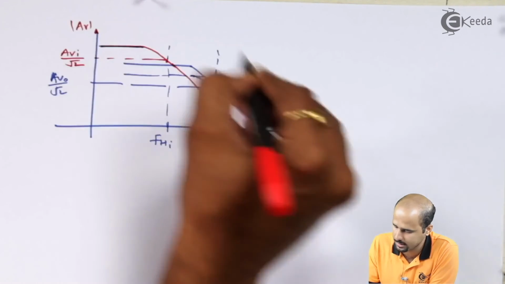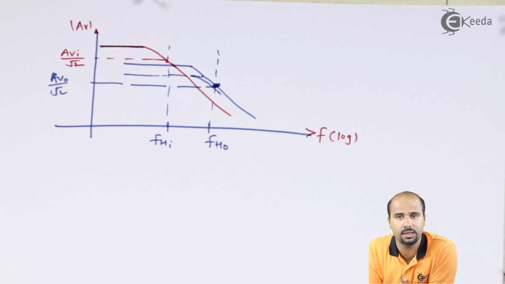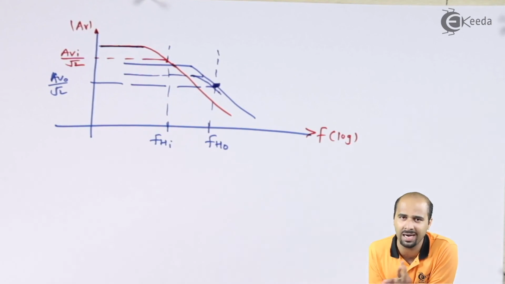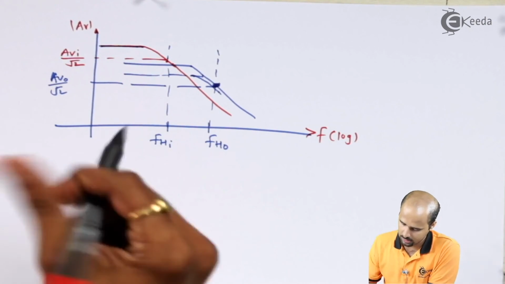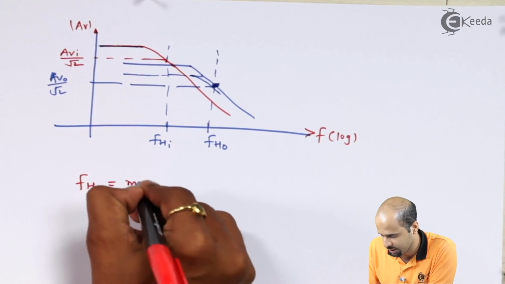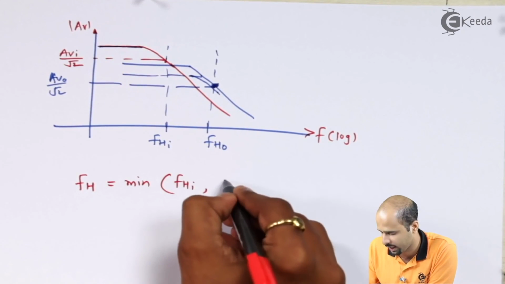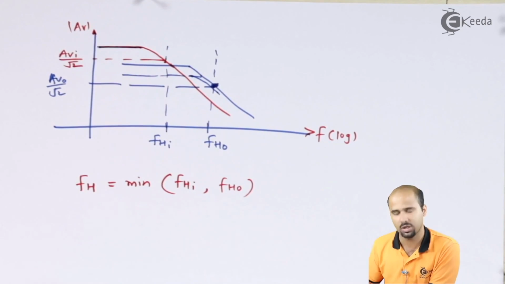So we will choose the frequency FHI over here, right? But not always. We have to calculate the values of FHI and FHO. We have to consider the value of FH, that is the higher cutoff frequency, as the minimum of these two values, FHI and FHO, right?